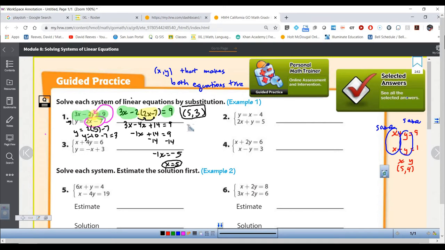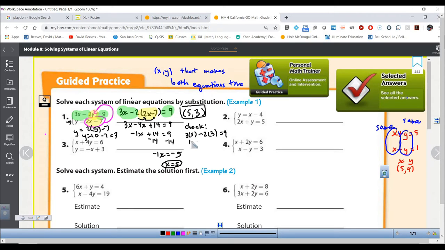All right, so I just want to prove to you that it's correct. Let's do a quick check here. I have 3x minus 2y equals 9. That x right there, I'm going to replace with 5. 3 times 5 minus 2 times what? 2 times 3, and it's supposed to equal, if we're correct, 9.